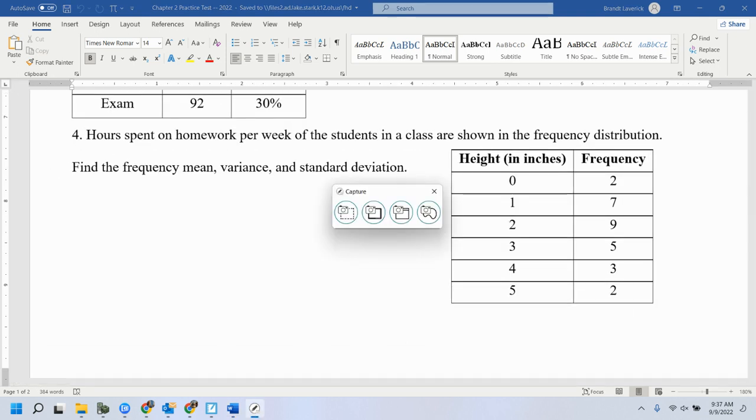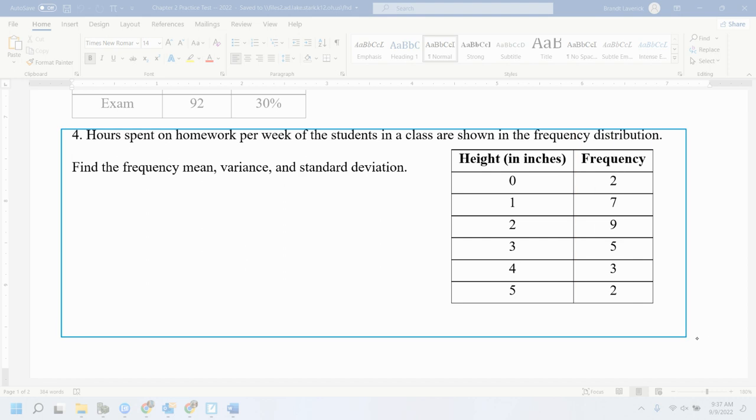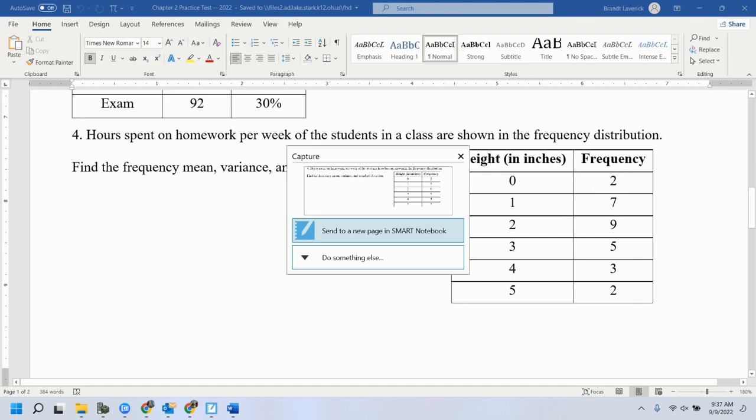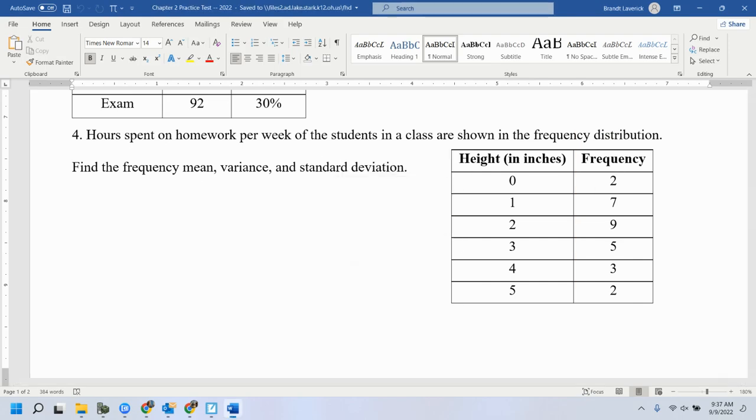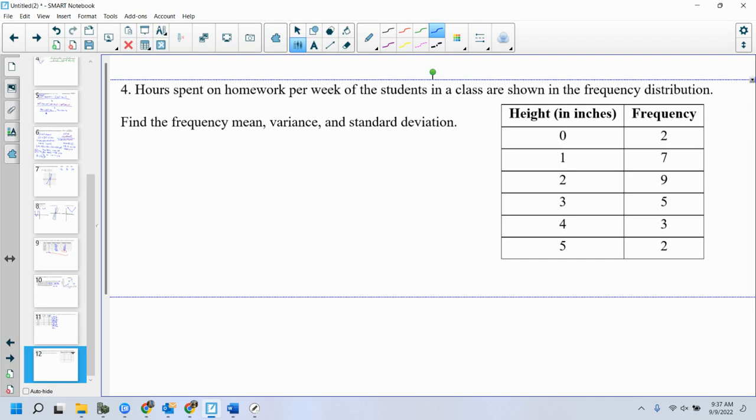Okay, now this is going to be fun. Hours spent on homework per week of the students in a class are shown.